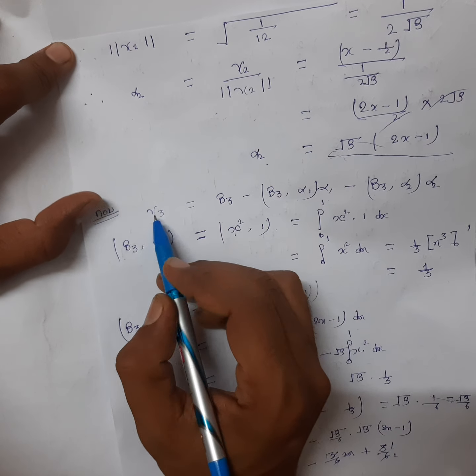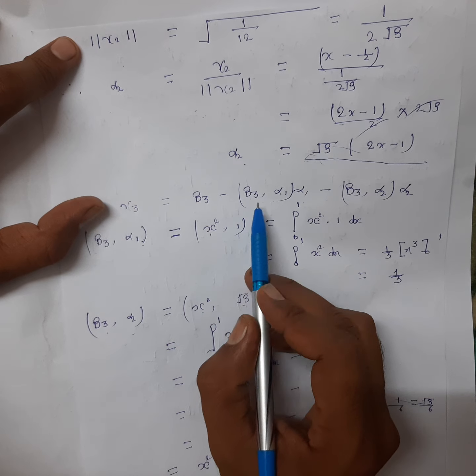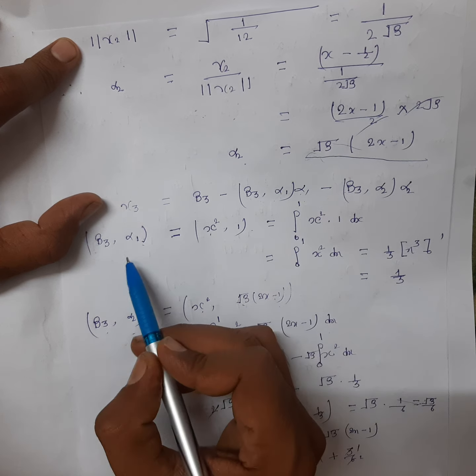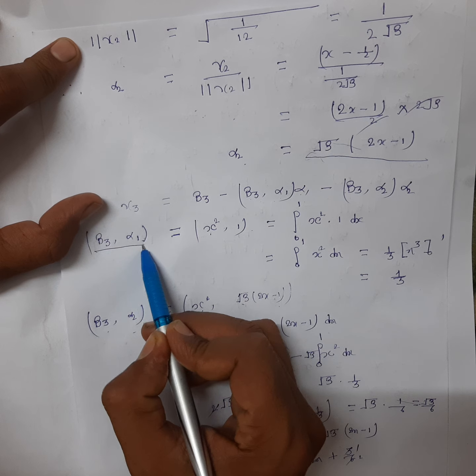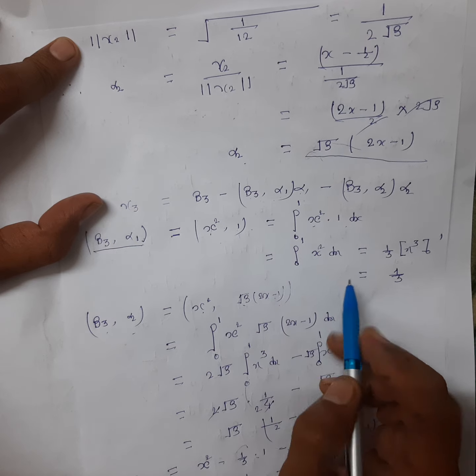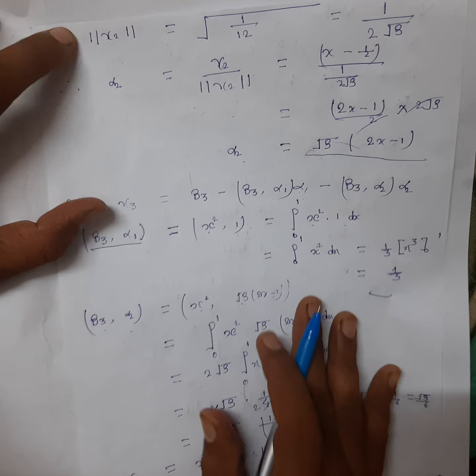Now considering gamma 3, it is beta 3 minus <beta 3, alpha 1> alpha 1 minus <beta 3, alpha 2> alpha 2. So first we have to find <beta 3, alpha 1>, x square and 1, their inner product. So we get 1 upon 3.